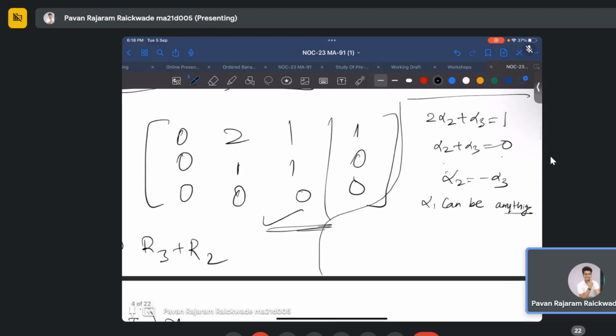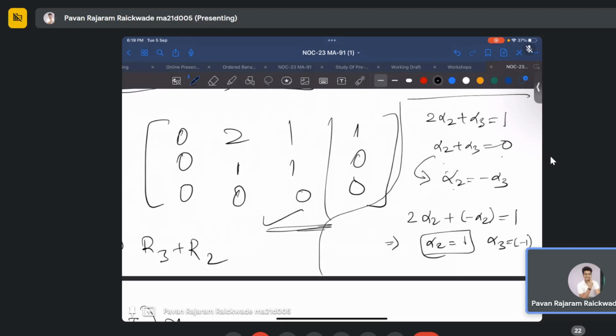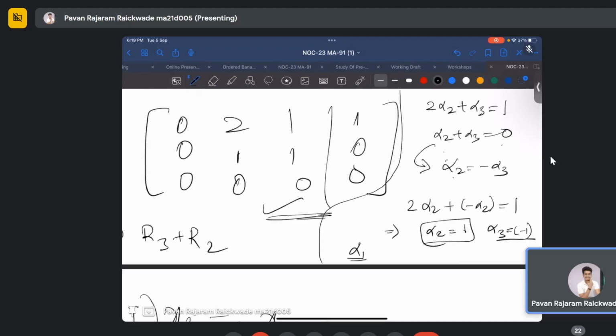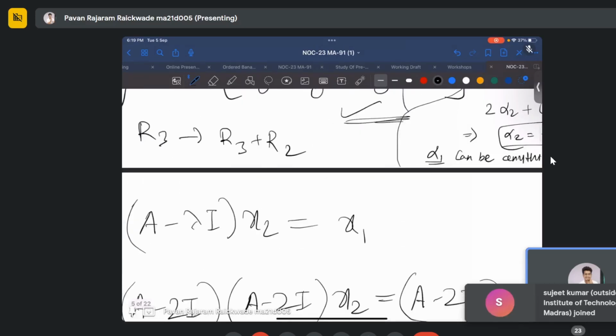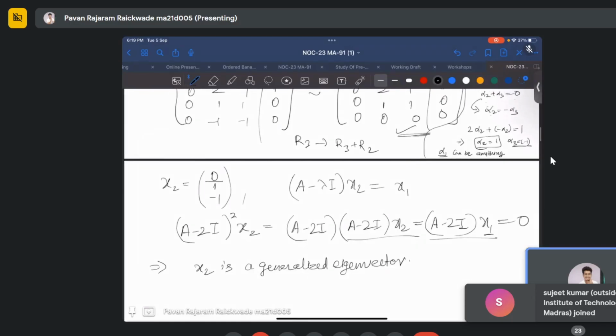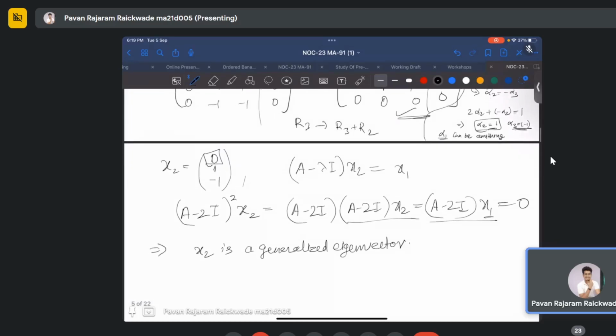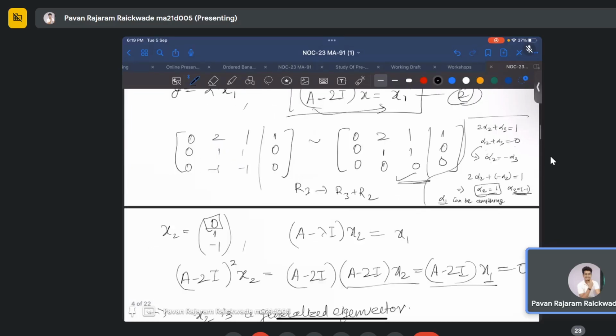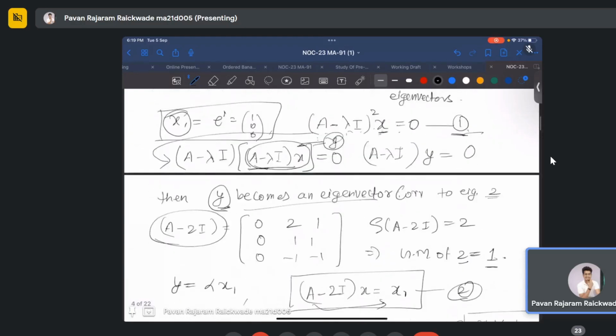If you put it there, you get 2 alpha 2 plus alpha 3 as minus alpha 2, which is 1, so alpha 2 is 1 and alpha 3 is minus 1. So the only choice we have is alpha 1, which can be anything, and we choose alpha 1 to be 0. Right? 0, 1, minus 1. So you get at most one linearly independent generalized eigenvector when you say (A minus lambda I) squared is 0.